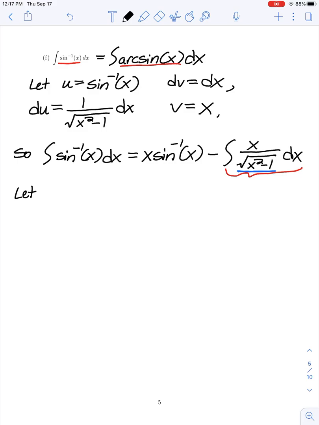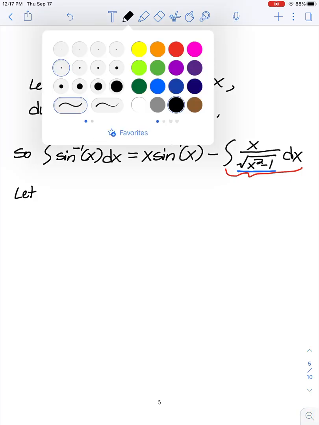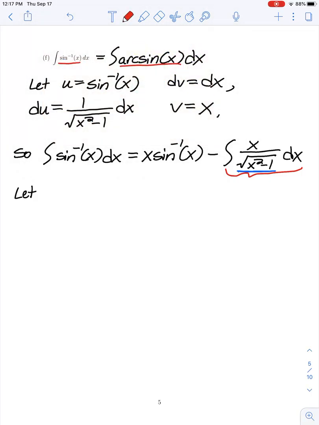So for our new integral, let's make a substitution. Now typically I would choose u as my variable of substitution, but it gets a little tricky here if you're using substitution with integration by parts, because we've already been using u as part of this integration by parts formula. U is what we were calling arcsine of x.